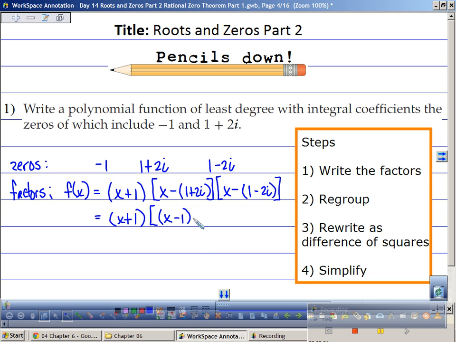But when I distribute that negative, this is going to become negative 2i, and this is going to be positive 2i. I'm going to stop right there for a second. If you get to this step, it will, no matter what, match. Those will match, and those will match. I have a negative and a positive. What does that look like? I heard it. Difference of what? Difference of 2 squares right there.